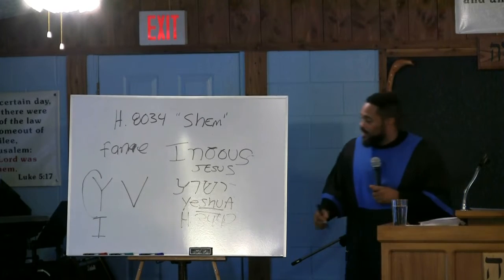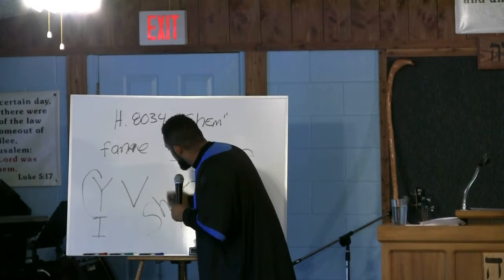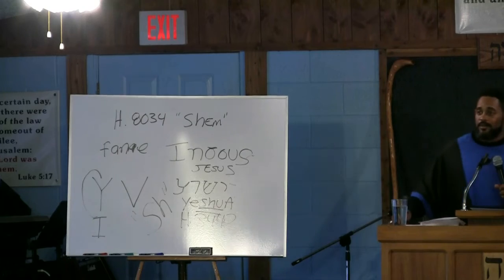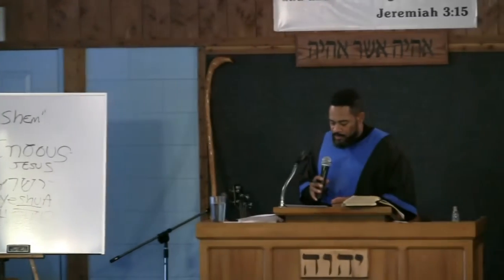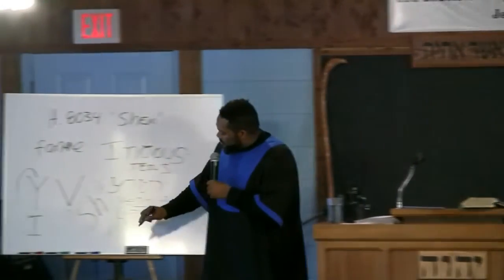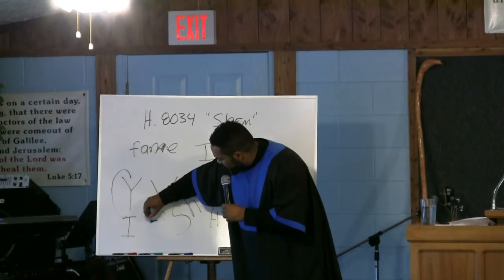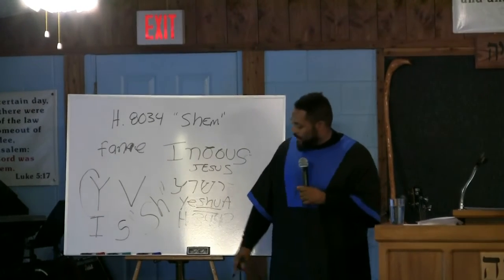In the Greek, they didn't have the SH sound. Did y'all hear that? Are you following me? So as best as they could, they replaced the sh, because they didn't have that sound, with an S. Now making sense?